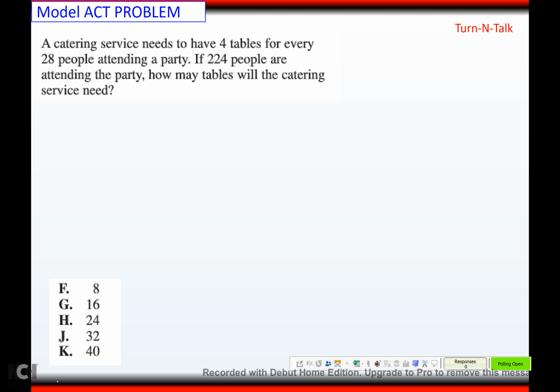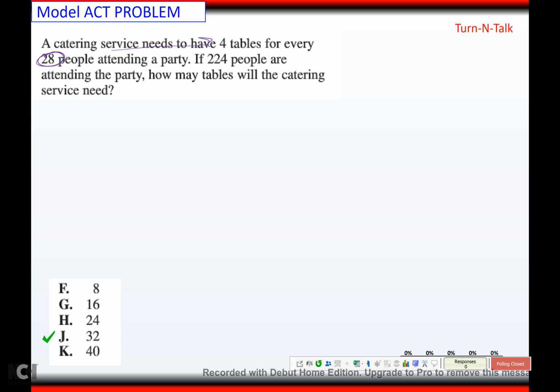Okay, try this one, hit pause, come back when you're ready. And you should get 32. Okay, so the first thing I did was, it says a catering service needs to have 4 tables for every 28 people. So for every group of 28, you need 4 tables.